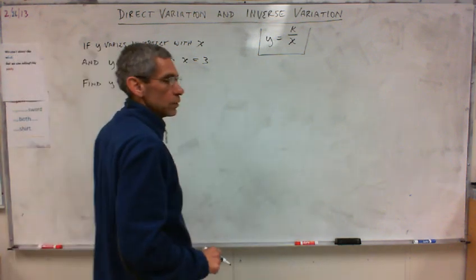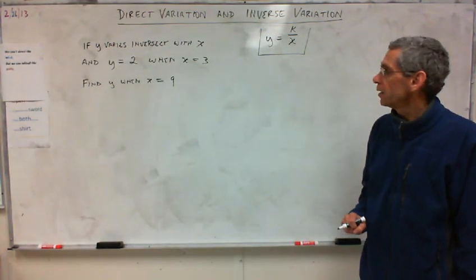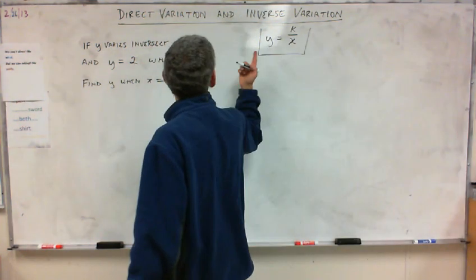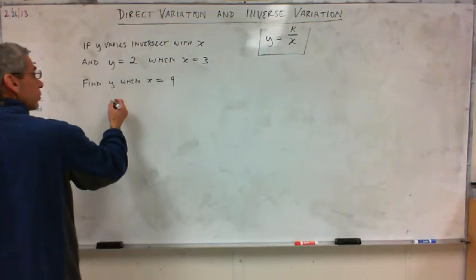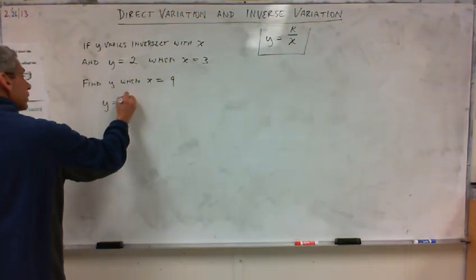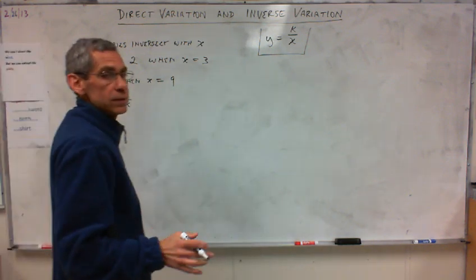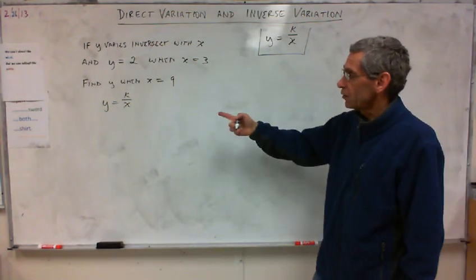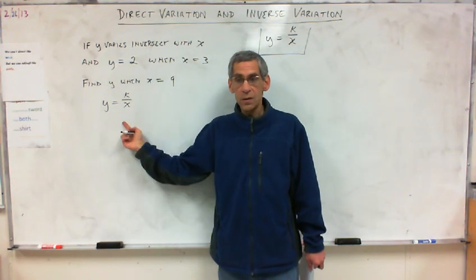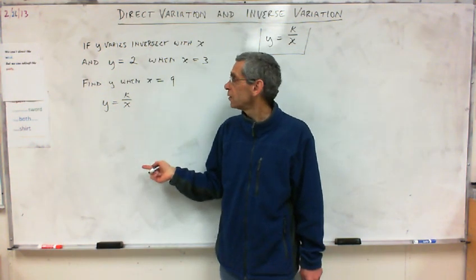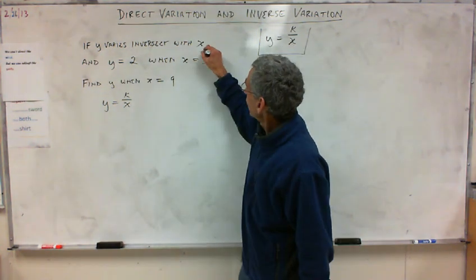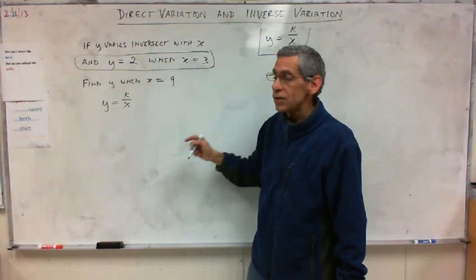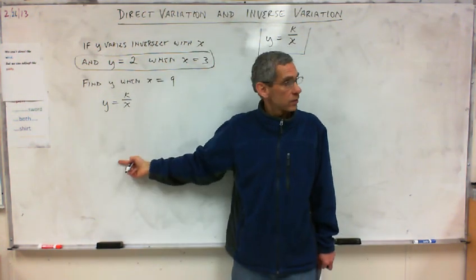Something like that. So we're going to do the same process that we did before. It says y varies inversely with x, so we're going to write y is equal to k over x. That immediately tells us, when it says inverse, that we have to use this formula. Now, this is where they gave me information that I can use to find my k, so that I can know what my formula is, my equation.